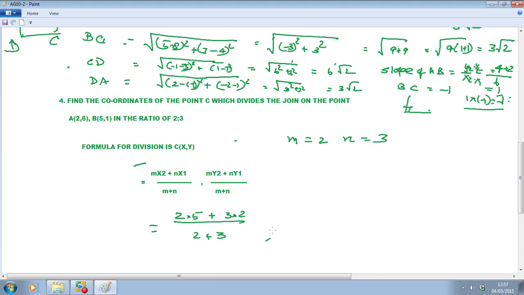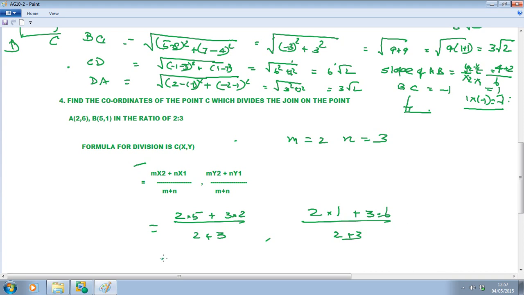The other coordinate is 2 multiplied by 1 plus 3 multiplied by 6, divided by M plus N, 2 plus 3.